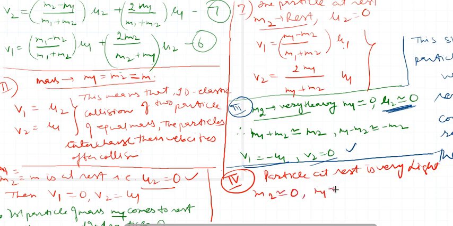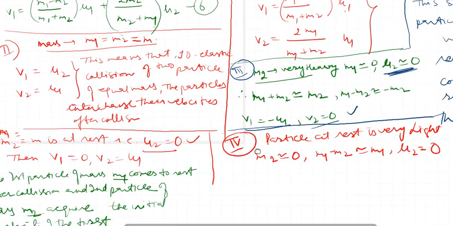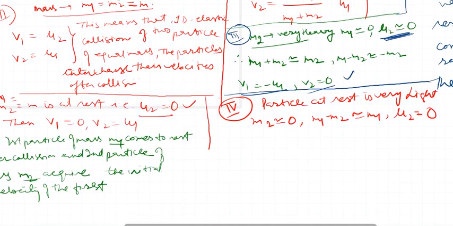So m1 minus m2 is nearly equal to m1, and it is also at rest, so U2 will also be 0. So what does it mean?